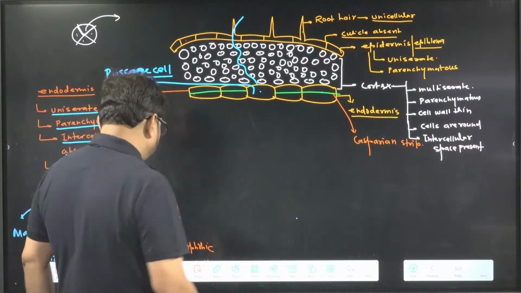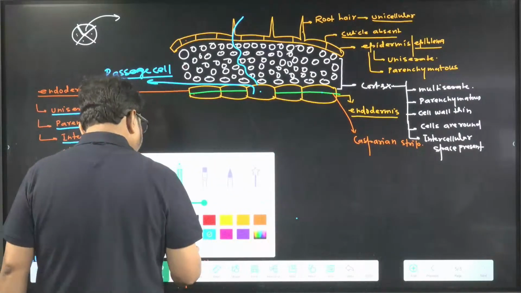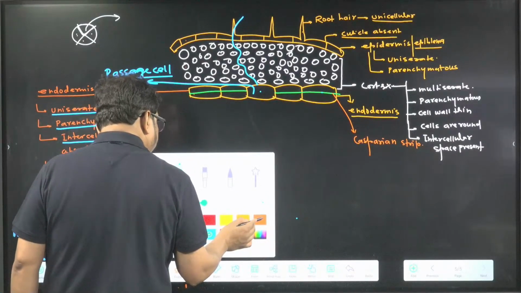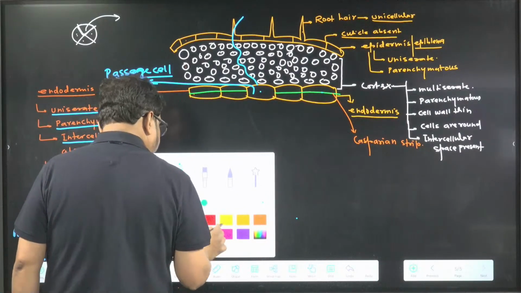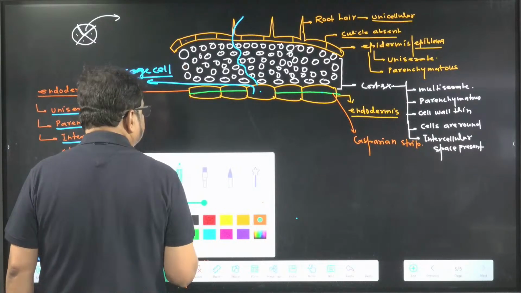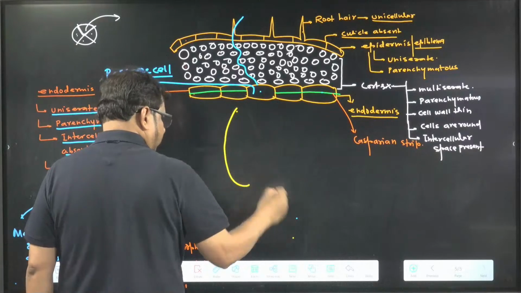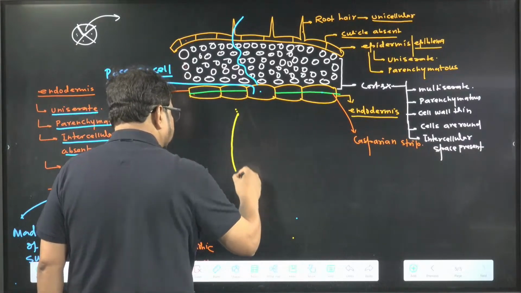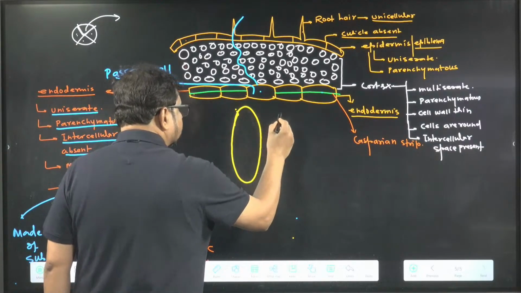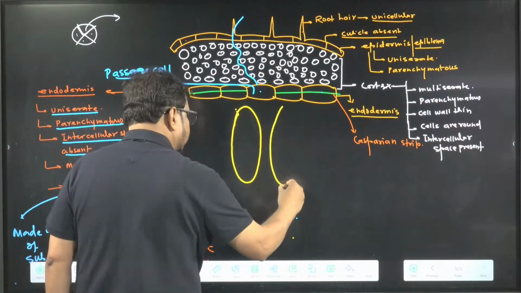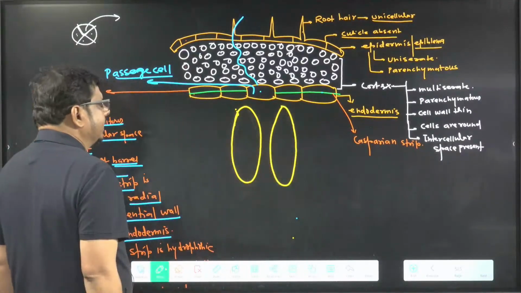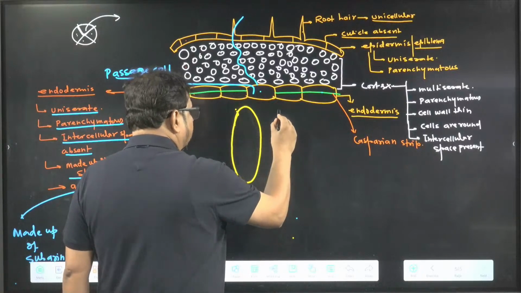Now endodermis is over. Now have a look. I am telling you about vascular tissue first. Then I will tell you about the pericycle. Look here. This is xylem.